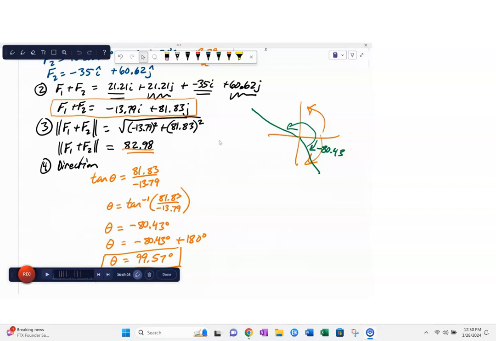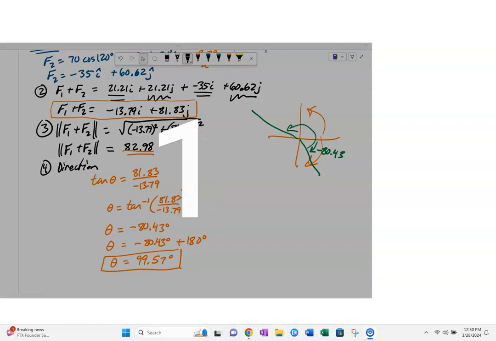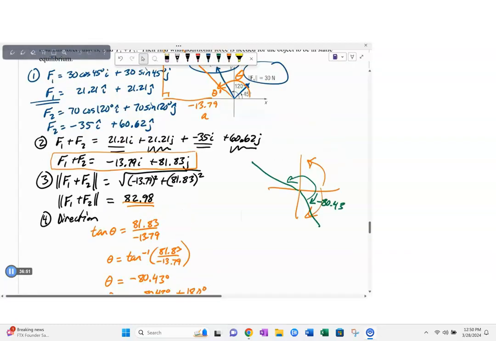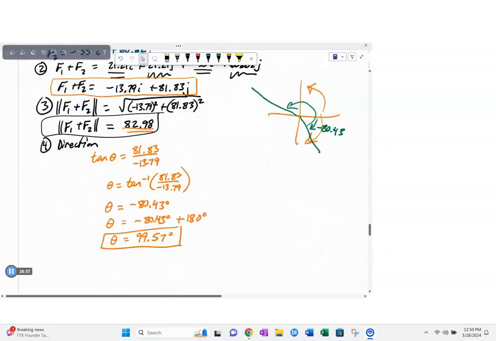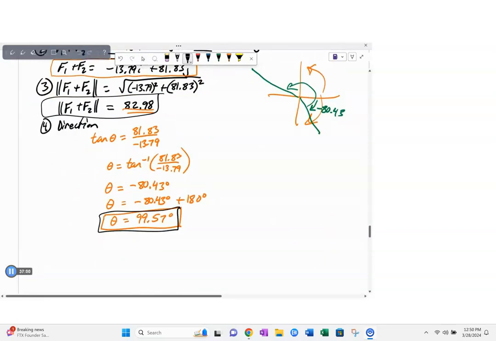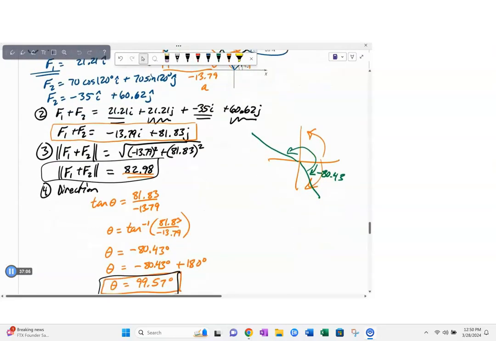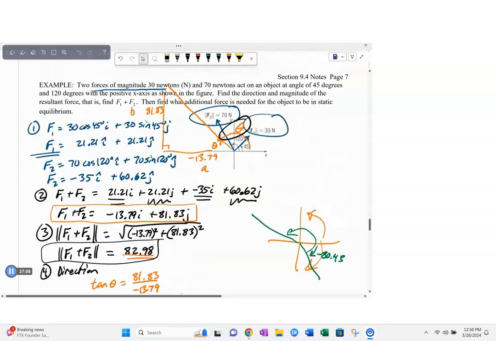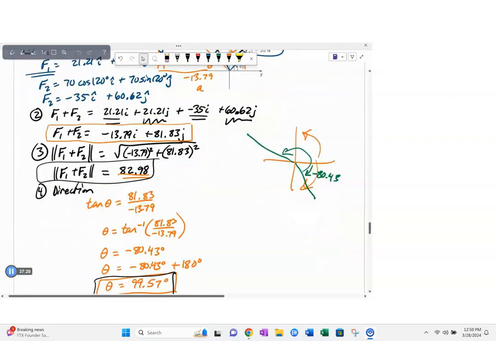Okay. So the next part of this, flip this back over, pull my pen out again. The last part of this question says, after we found the magnitude and the direction, 99.57 degrees, we also find what additional forces need the object to be in a static equilibrium state. Well, in static equilibrium, all the forces need to add to 0.